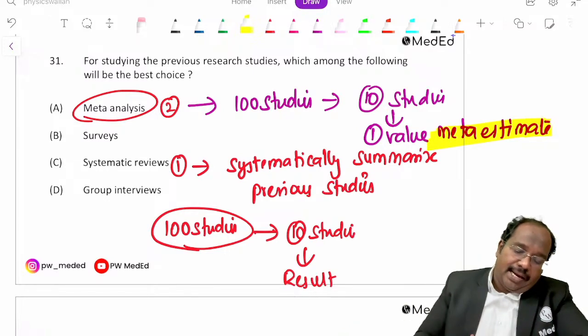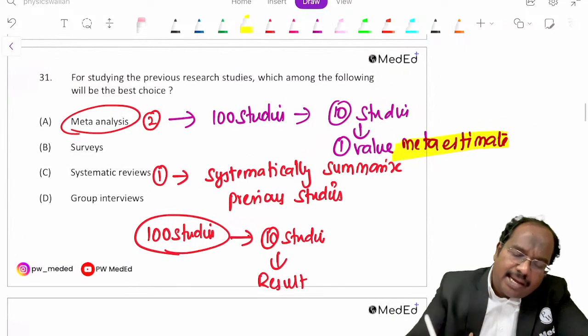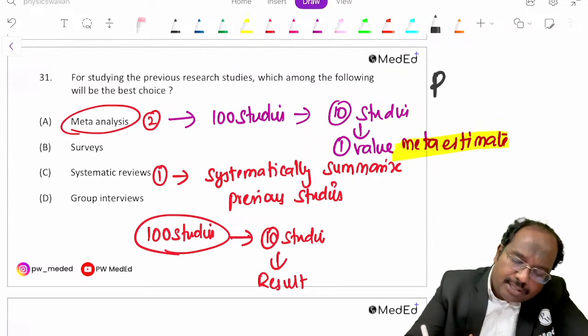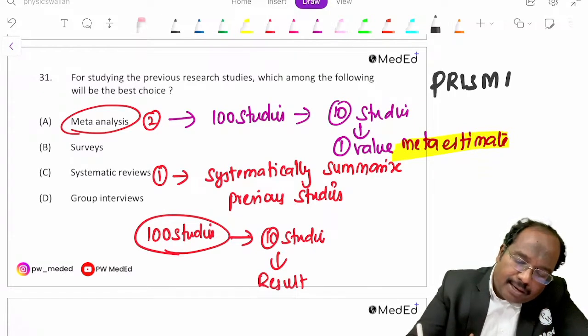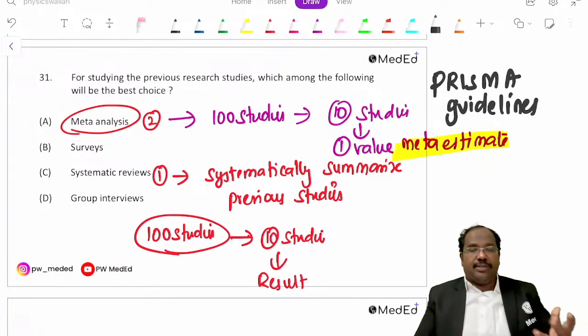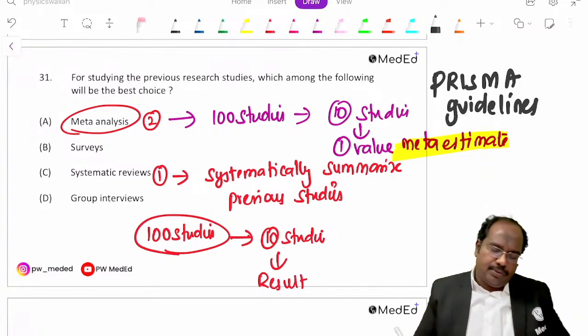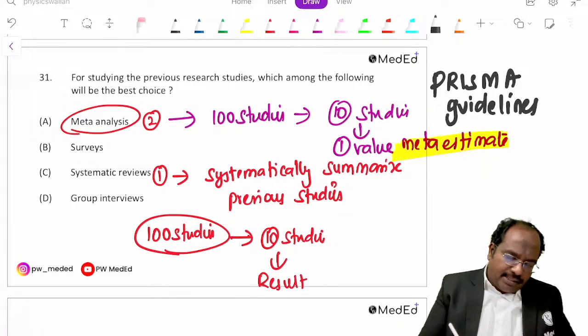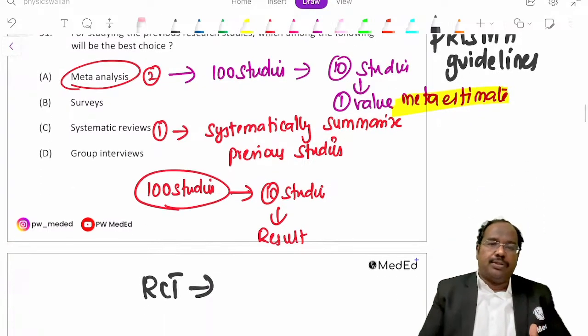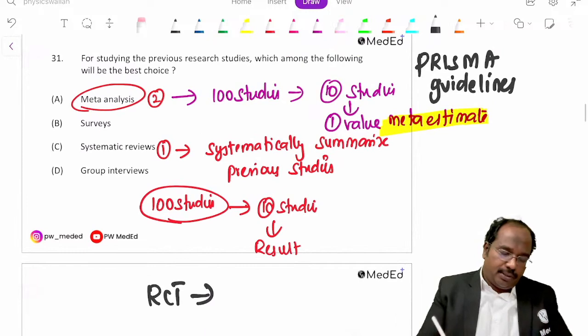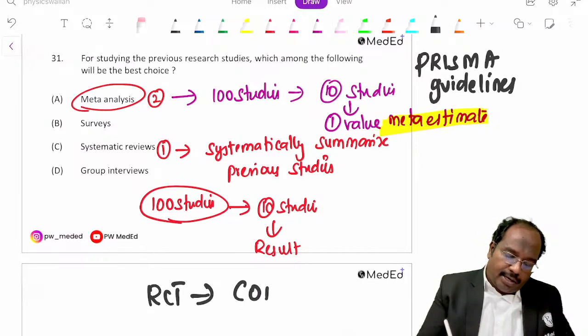Now, what guidelines are used for meta-analysis? They use the PRISMA guidelines. Whenever you are writing a meta-analysis, you can use the PRISMA guidelines. For reporting an RCT, you can use the CONSORT guidelines.